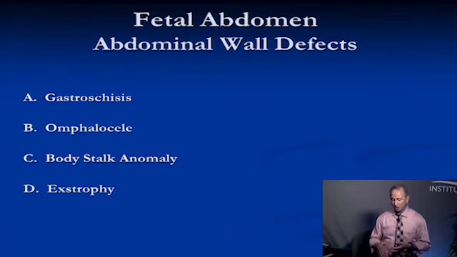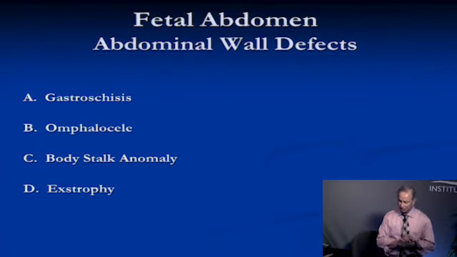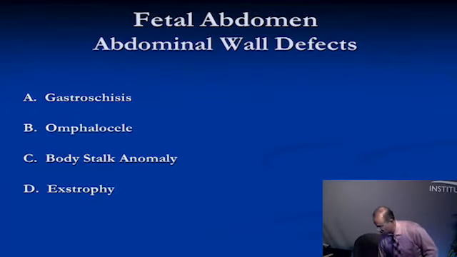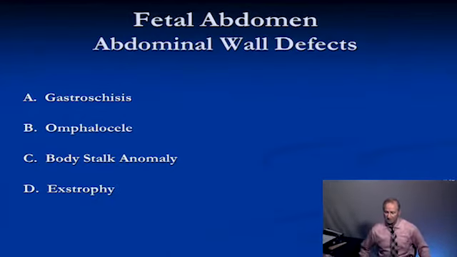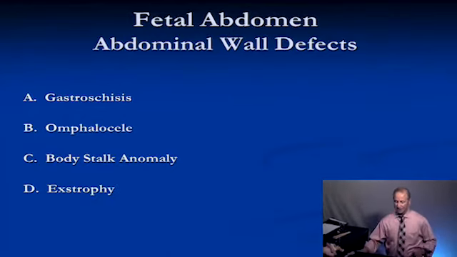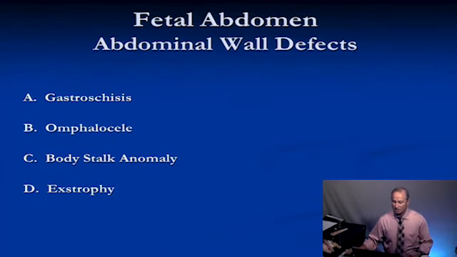Bladder exstrophy is rare. The two common ones involve the umbilical and para-umbilical region, so it's the umbilicus and to the right of the umbilicus. That would be gastroschisis or omphalocele. And remember we said there are 4 basic features for each one. I like to make things symbolic.